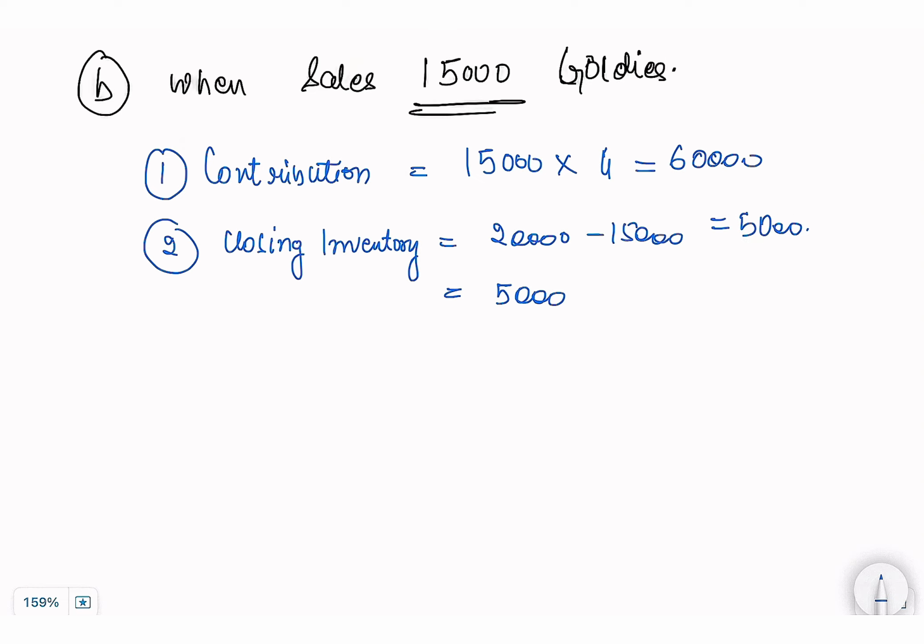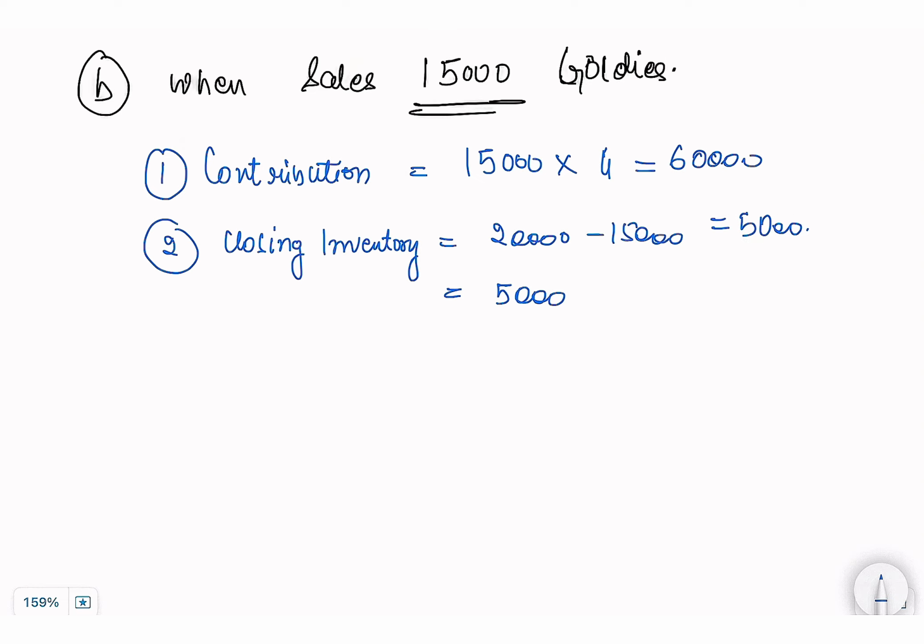Contribution is 20,000 times 4, which is equal to 80,000. Okay. Now, second is closing inventory.